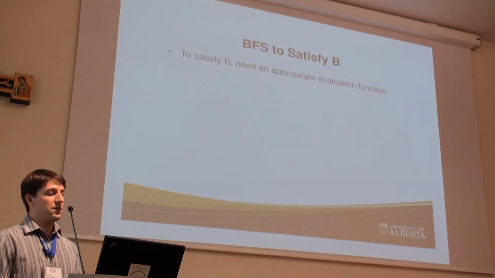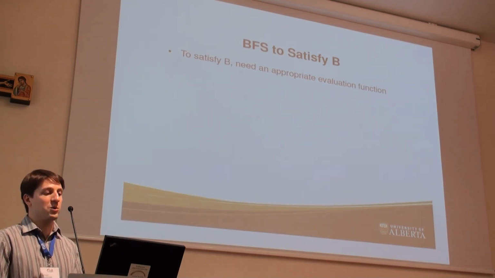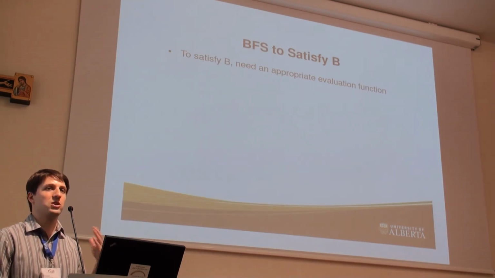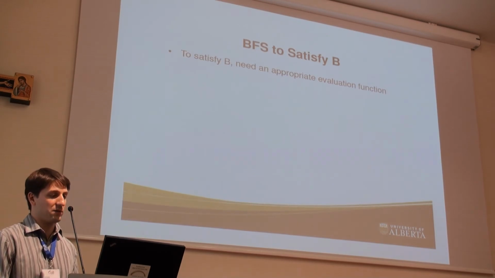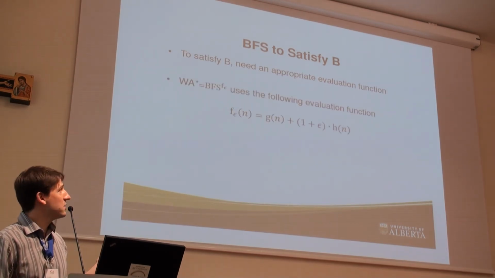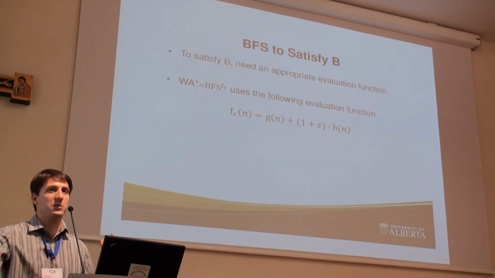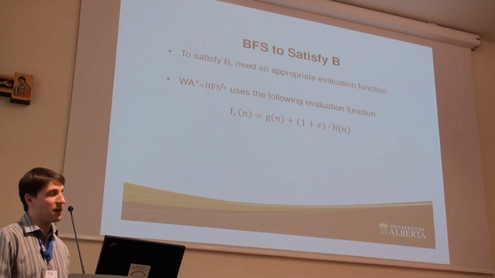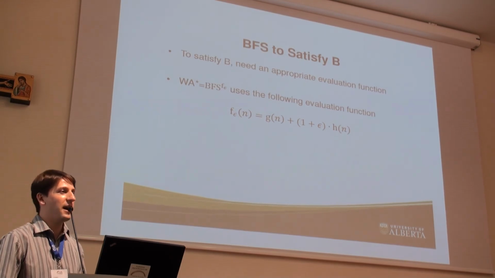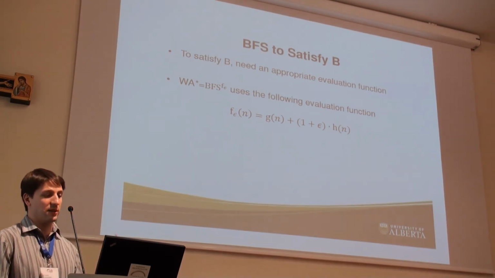Now, in order to satisfy a particular B, we're going to need an appropriate evaluation function, because that's really what changes the behavior of an algorithm like best first search. I'm going to use WA star as inspiration, because it's been around for a long time, and it's known to work pretty well, not always, but generally. It's something to build on in some sense.